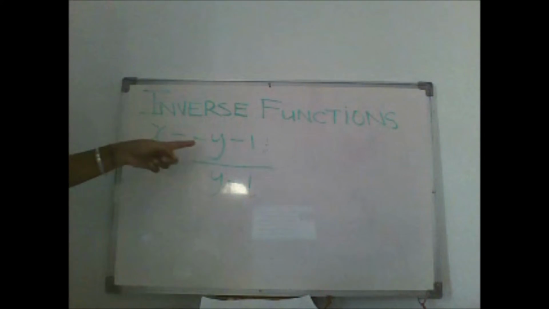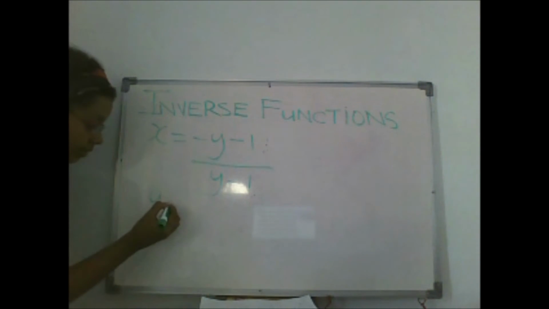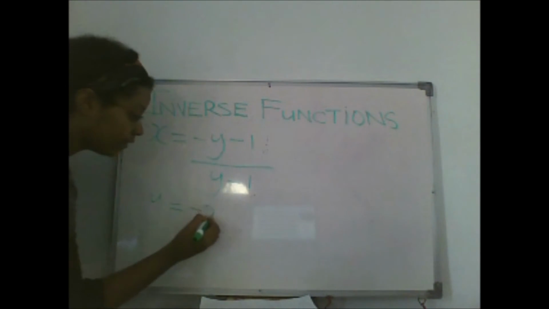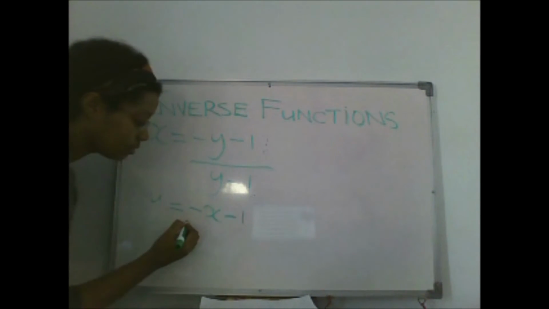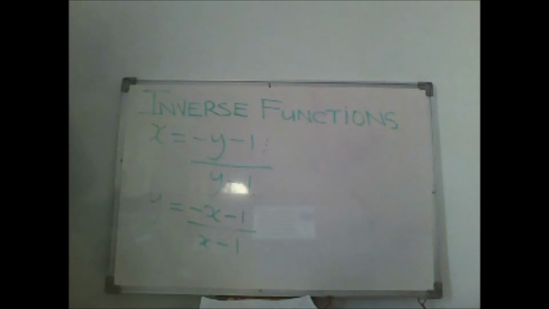X is equal to negative y minus 1 divided by y minus 1. So we solve for x. Great. So we just put back y. We put y where x is and x where y is. So y is equal to negative x minus 1 over x minus 1. And this is the inverse function.